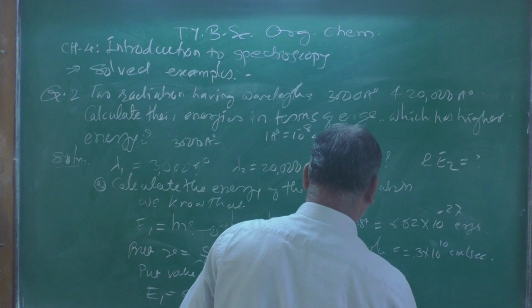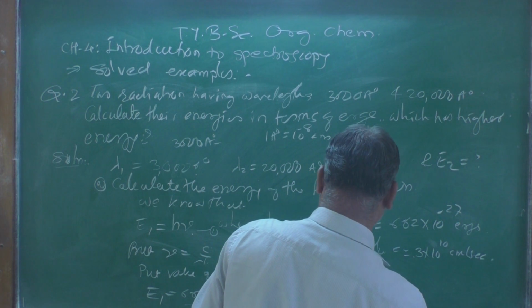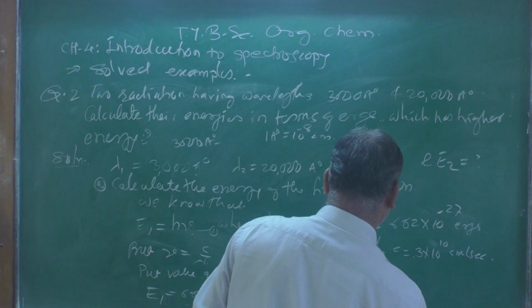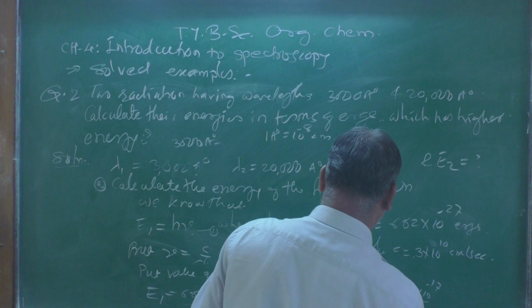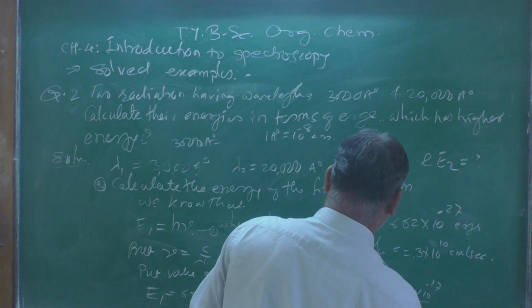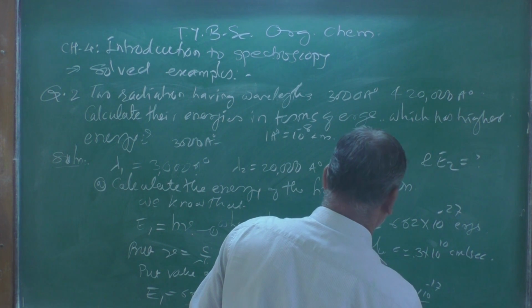So you will end up with 1.986 into 10 raised to minus 17 divided by 10 raised to 3 into 10 raised to minus 8.